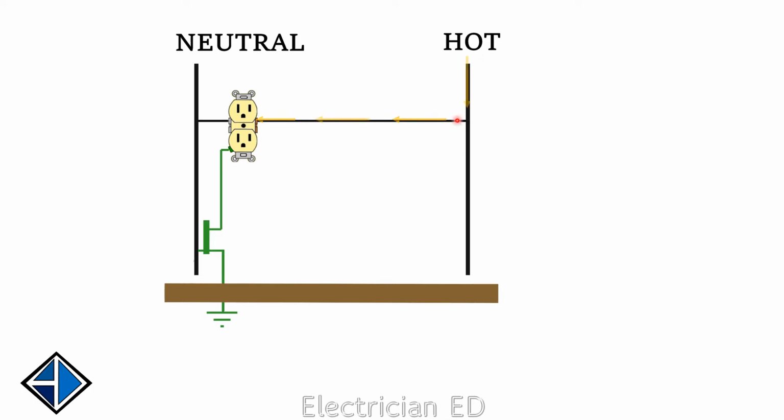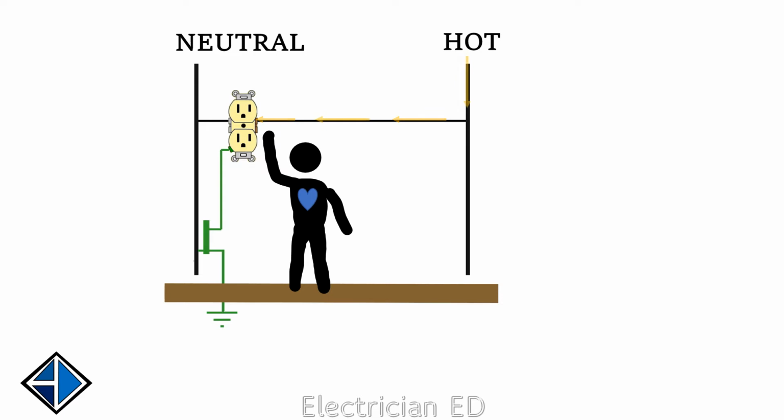Now this is potential that's coming down, and it's just waiting right here. So between this point here and this point, we have 120 volts because that's what it is back at the transformer. 120 volts approximately by name only. So this side of every one of your receptacles is going to be hot all the time.